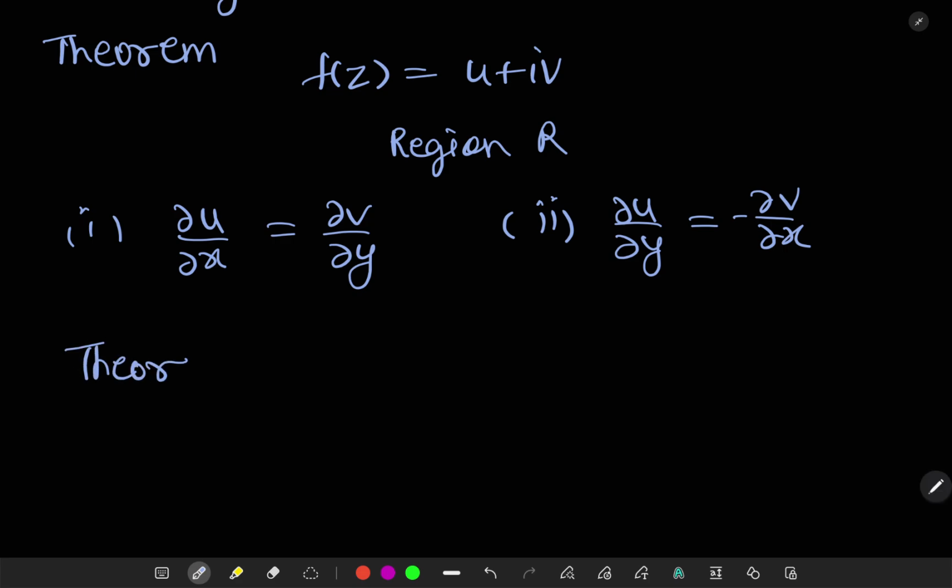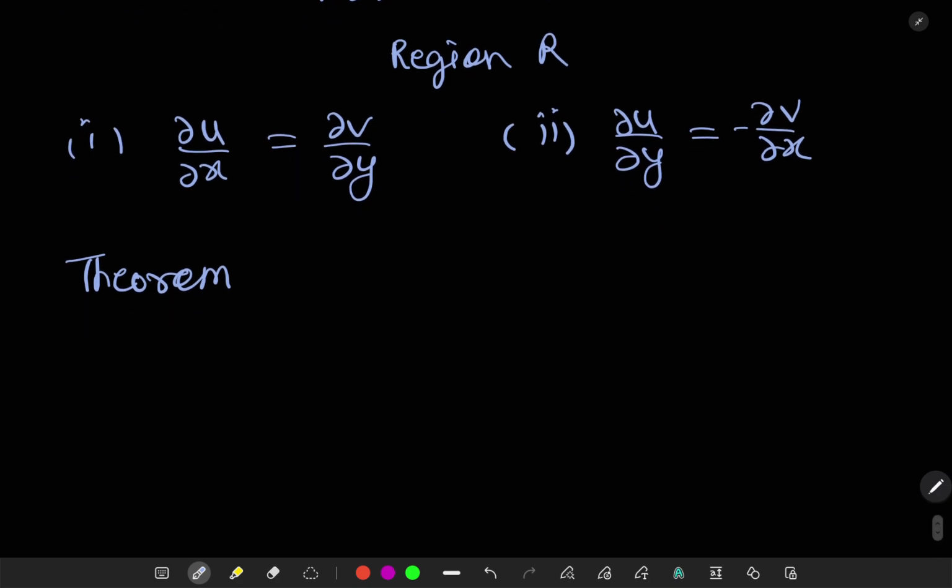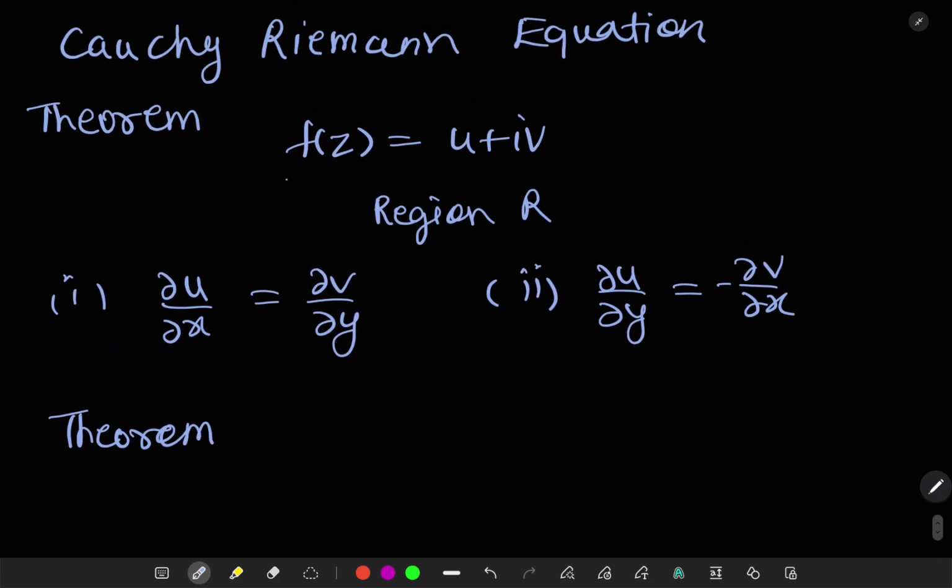Another theorem for the necessary condition.